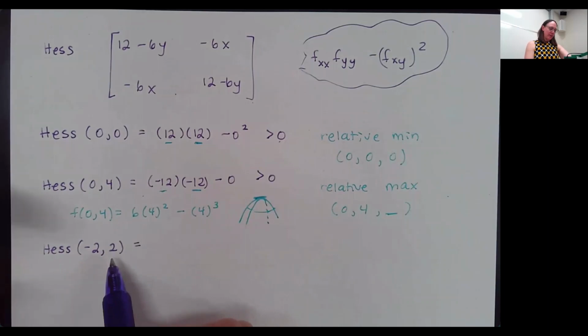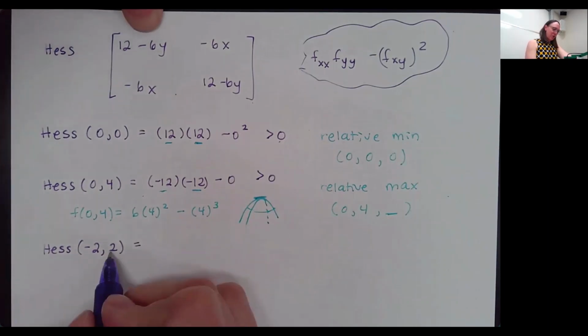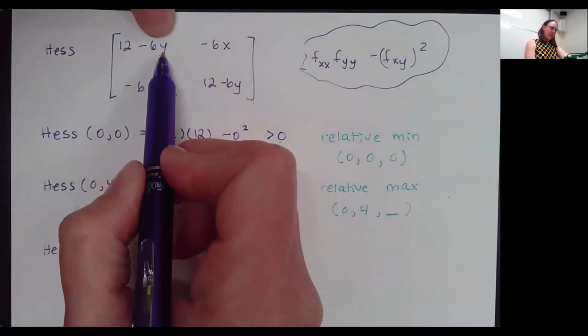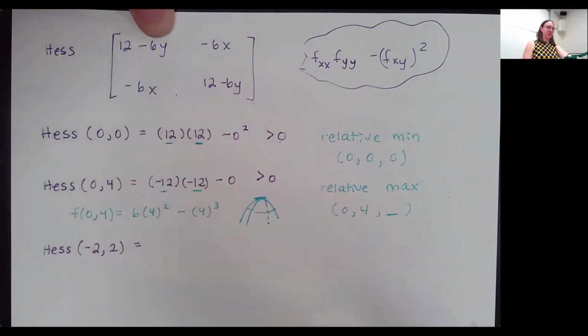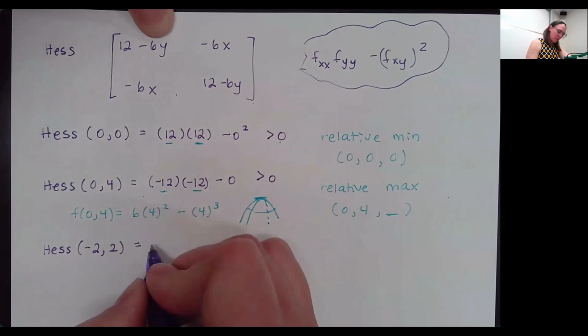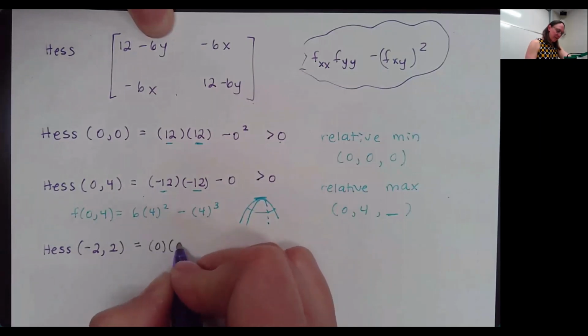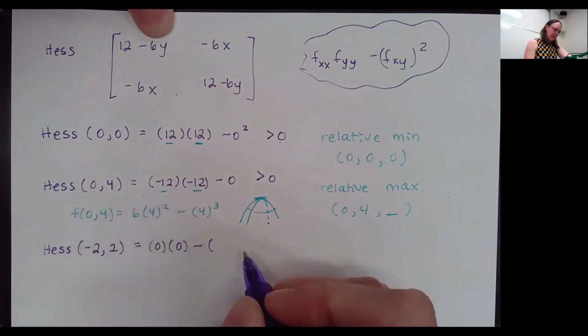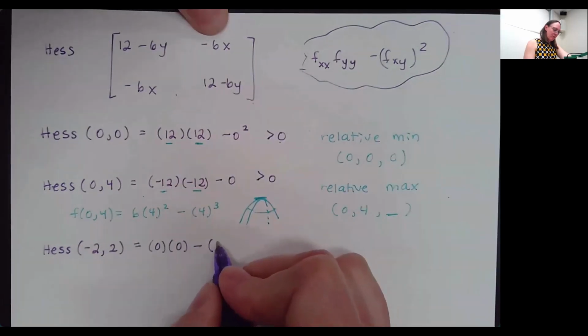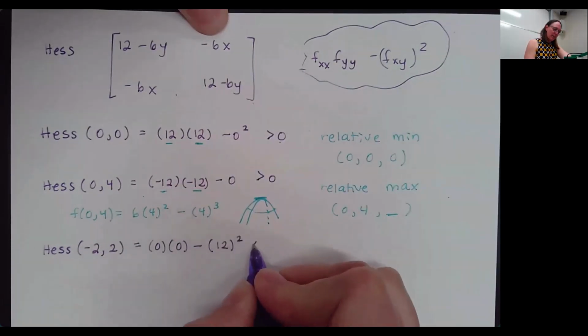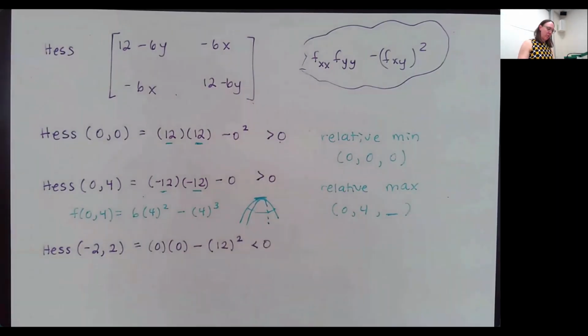At -2, 2, when I plug in 2 for y, my fxx is 0 and my fyy is 0. So this is 0 times 0 minus, when I plug in -2 here, that'll become a positive 12 squared, and overall this is negative. So I know that I'm at a saddle.